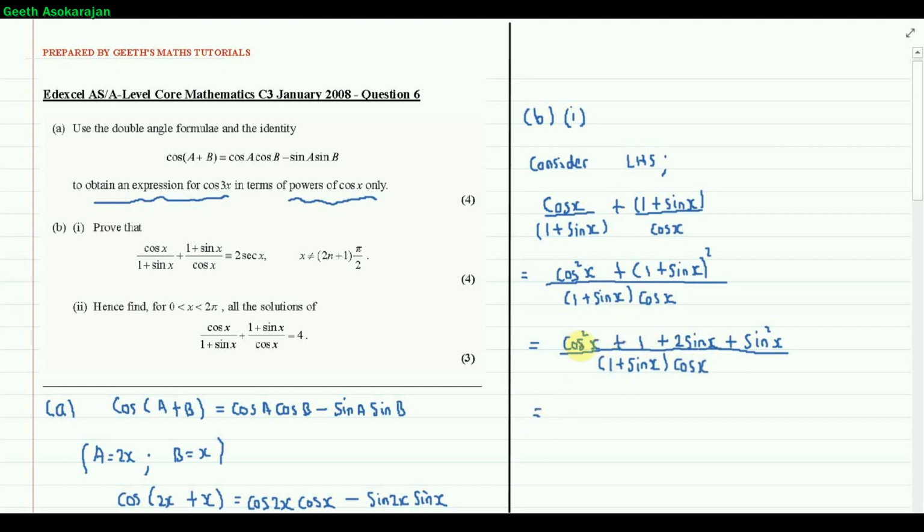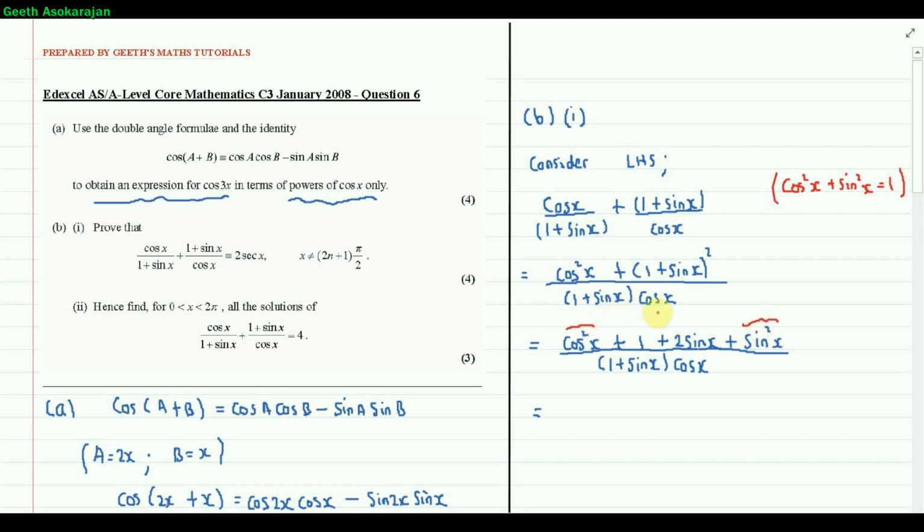Now remember the identity, the fundamental Pythagorean identity. If I take my red pen, remember the fact that cos squared x plus sine squared x is equal to 1. The reason why I note that is I'm going to group this cos squared and the sine squared term.